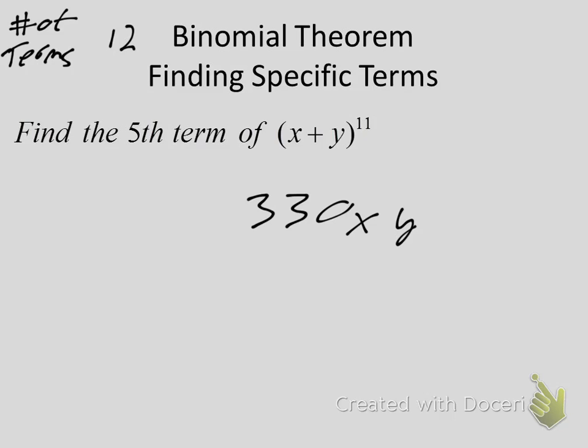Now, we're going to have x. We're going to have a y. Since we have x, y's there. The only thing we got left to do is figure out what those exponents are. Here's the easy way. We said earlier there are 12 terms, right? Right up here at the top, 12 terms. What term are we trying to find?